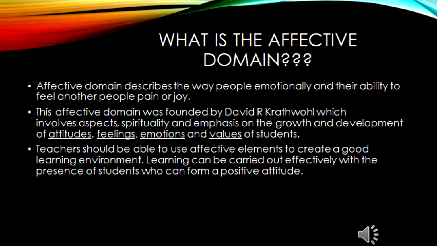Teachers should be able to use affective elements to create a good learning environment. Learning can be carried out effectively with the presence of students who can form a positive attitude. What I can conclude from this is that the affective domain involves attitudes, feelings, emotions, and values of the student.